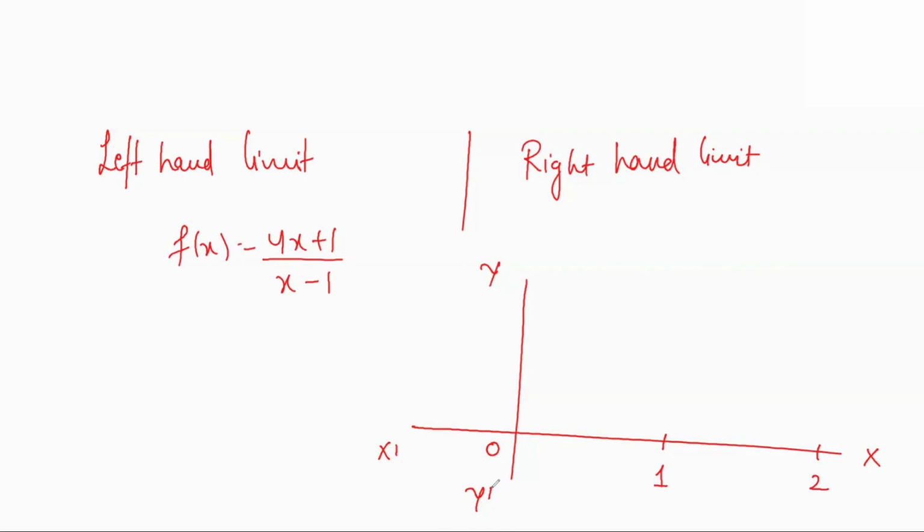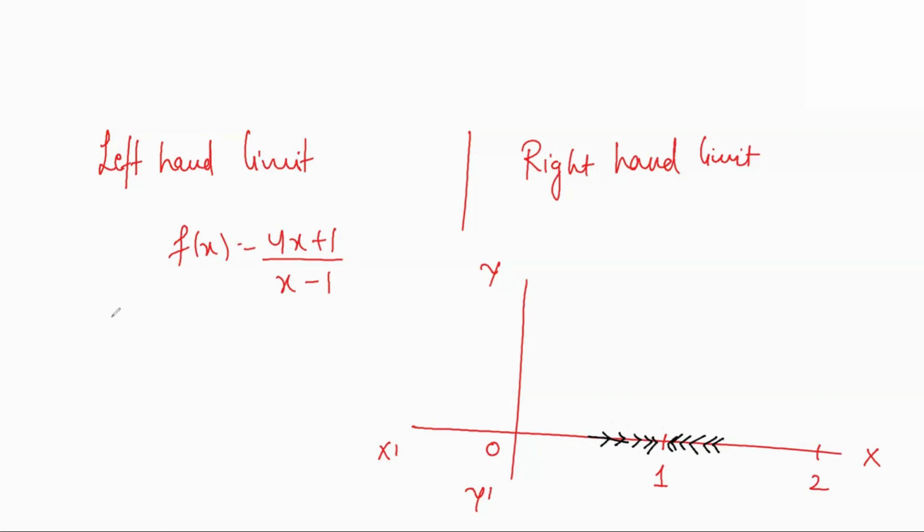I want to know the behavior of this function when x is close to 1, means when we are approaching x from its left hand side. Also, I want to know the nature of this function when we are approaching x from its right hand side.